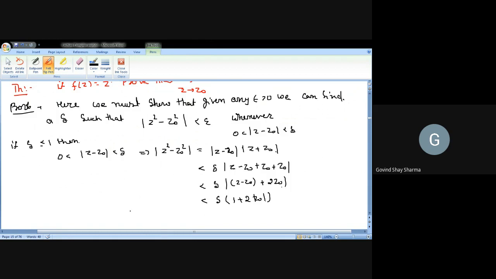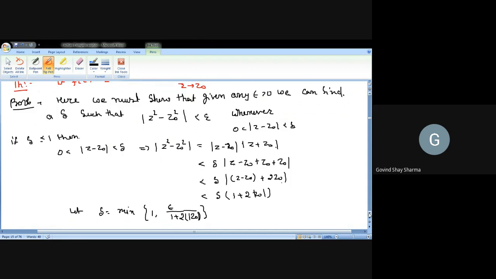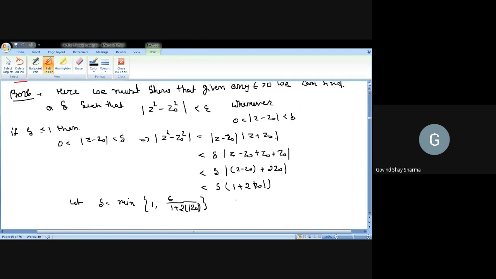Let delta be equal to the minimum of 1 and epsilon upon 1 plus 2|z0|. Epsilon is a very small quantity, so we take delta very small.